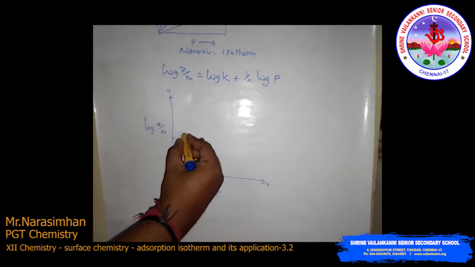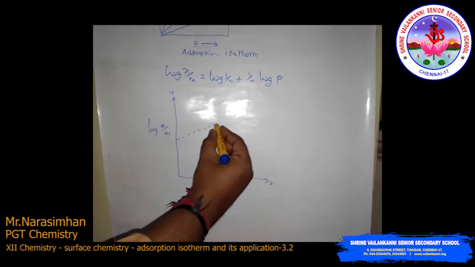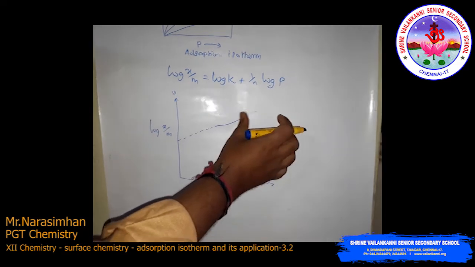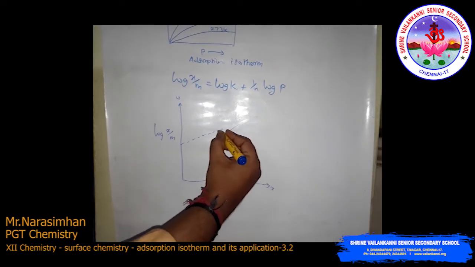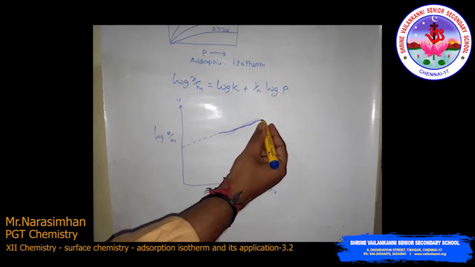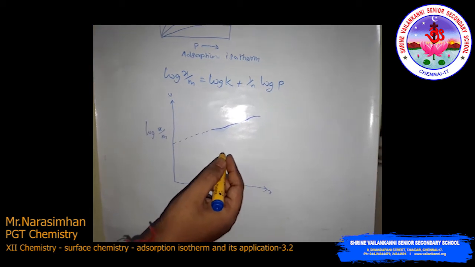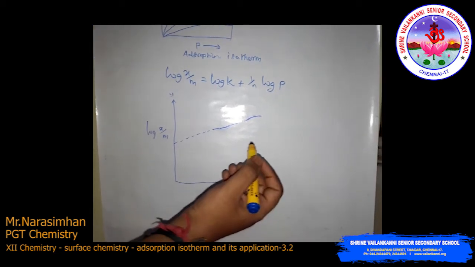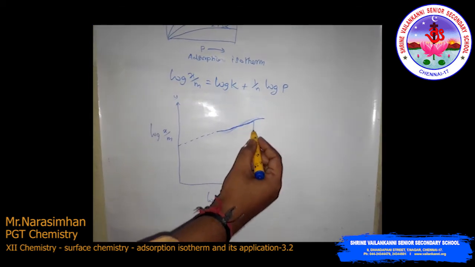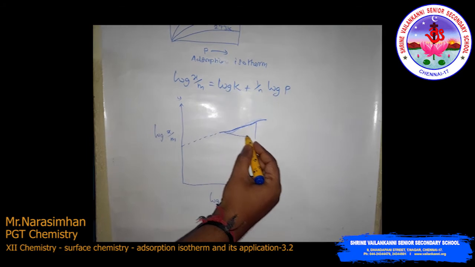For example, look here. It gives a straight line, and we obtain a slope like this.